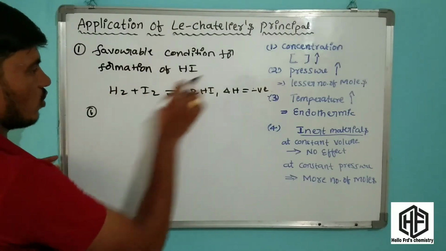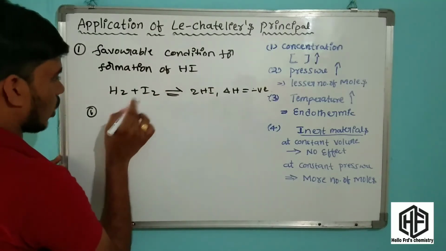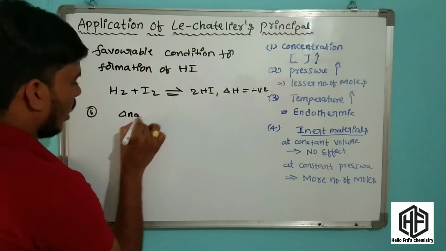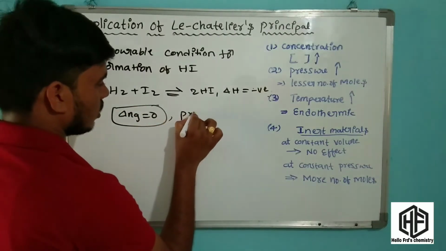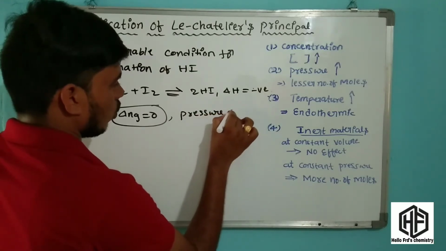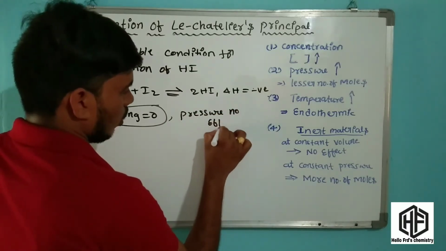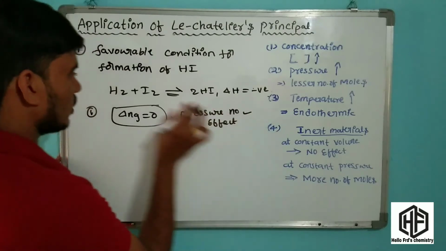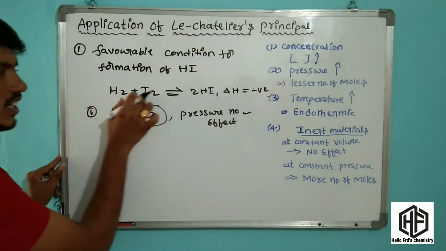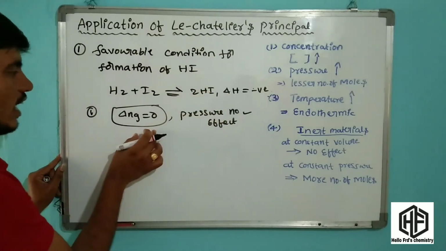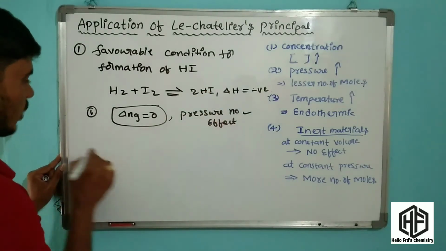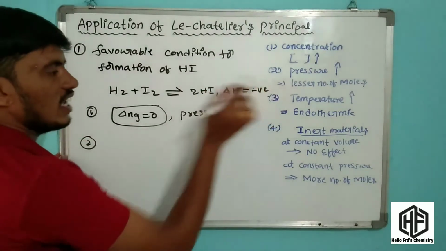This is 2 moles and 2 moles, so delta Ng value is 0. Pressure has no effect. This is clear, friends, because there are 2 moles of gaseous reactants and 2 moles of gaseous products.